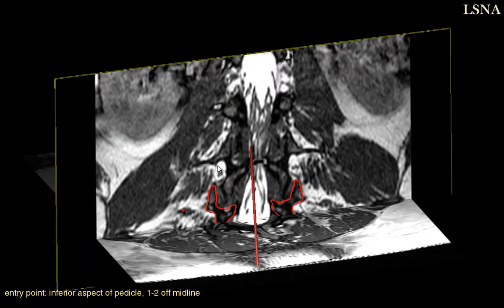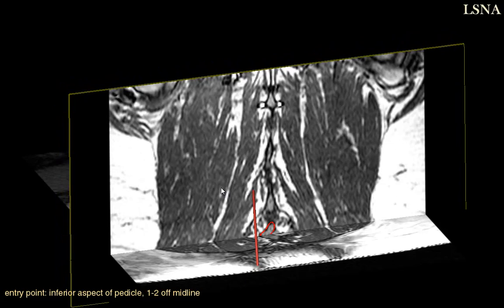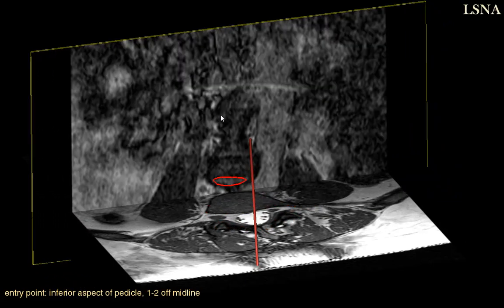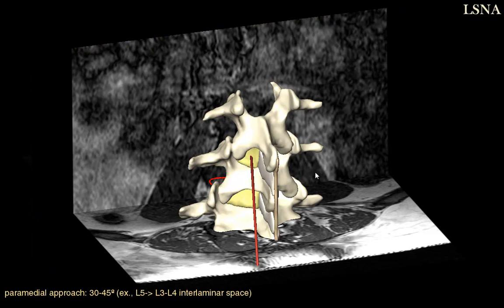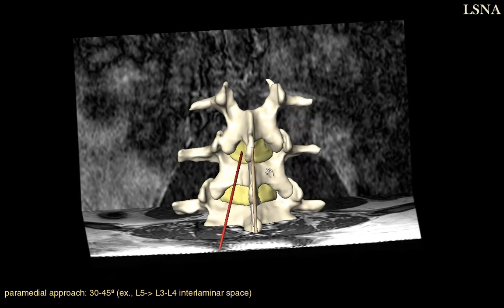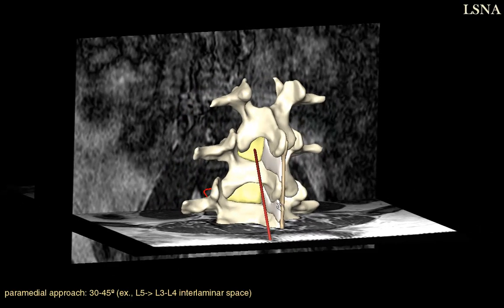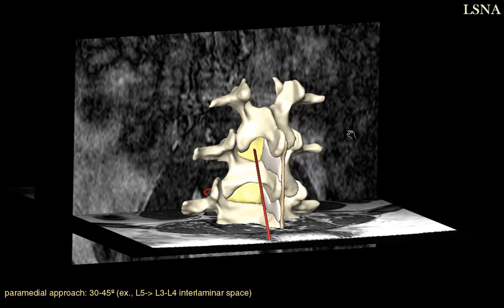And finally, the needle is entered with an acute angle of 30 to 45 degrees to reach the interlaminar space 1.5 above the selected entry point, in this case between L3 and L4.